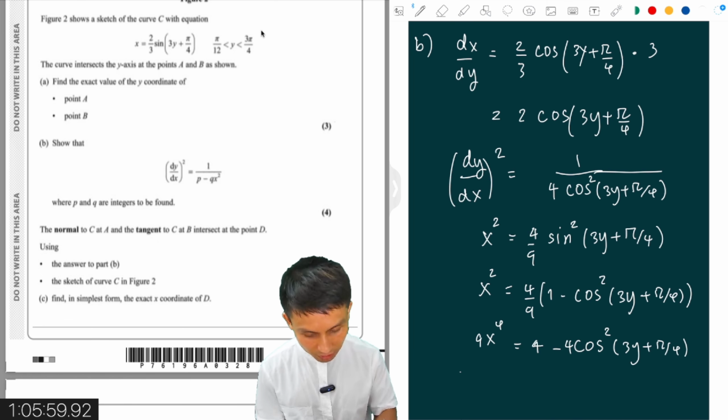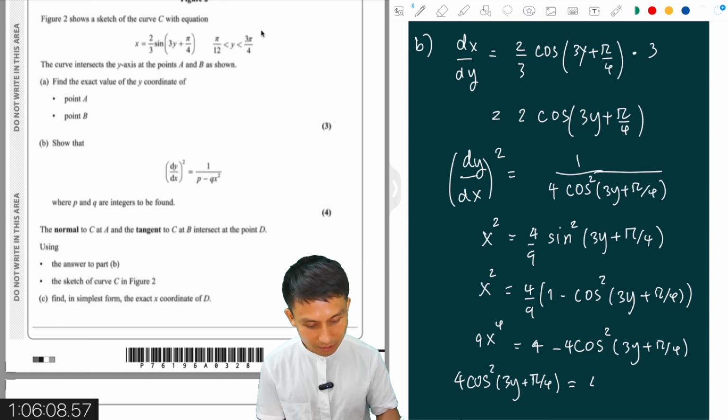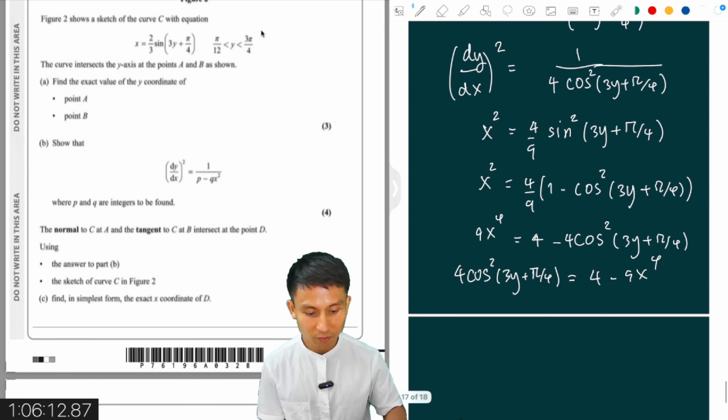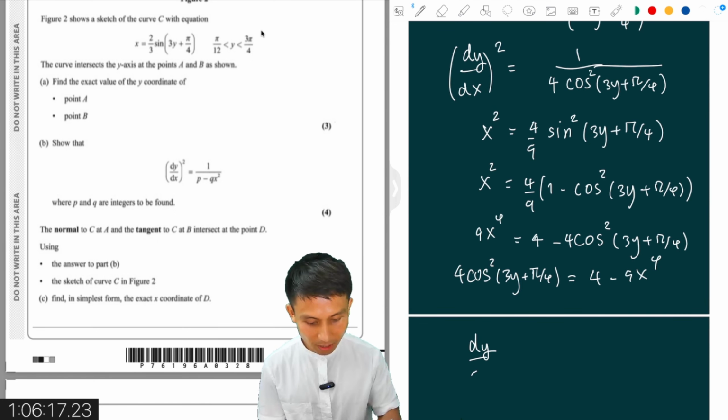So here I have 4 cos squared as a subject, and then this is 4 minus 9x to the 4, yeah? And that's it. So dy by dx overall squared would be 1 over.